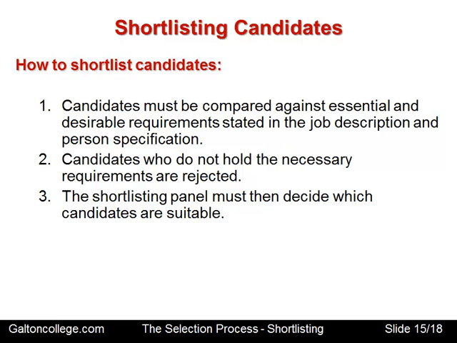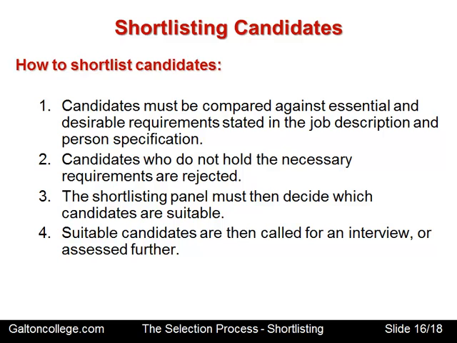So they look down, they've rejected perhaps some, they must now decide which ones best match the requirements of the business. Suitable candidates are then called for interview or for further assessment. They might have to go to assessment centres, and we'll talk about those later. But they may be called for further assessments, or they may be called for interview.